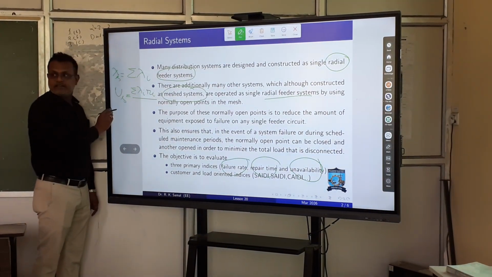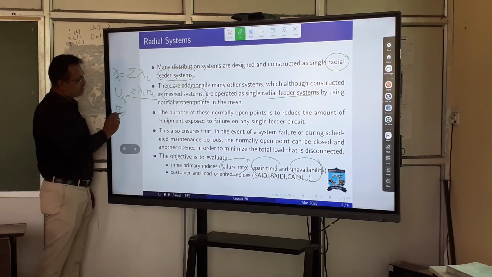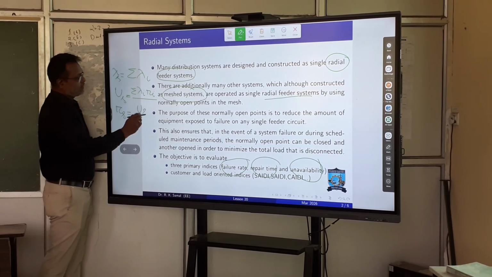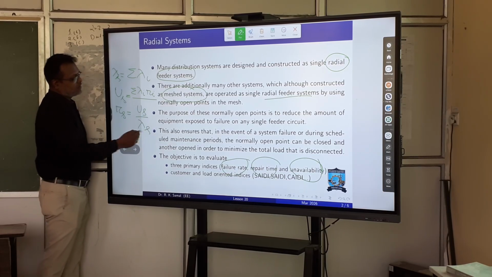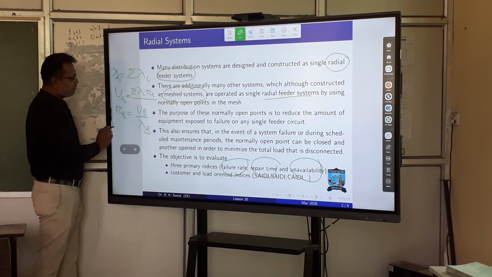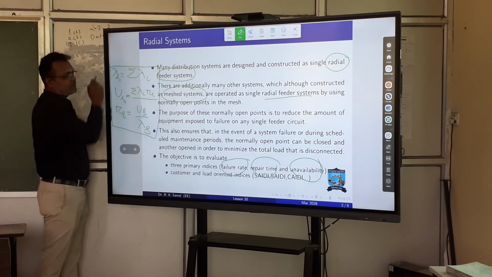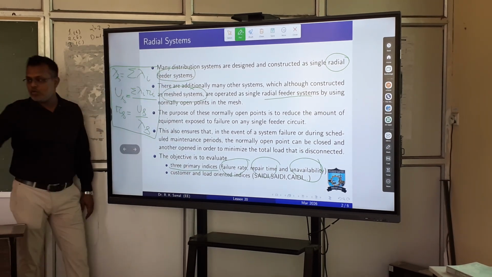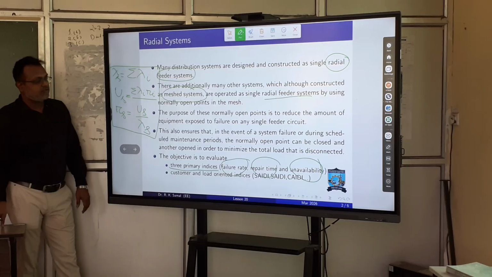And then third, R_s is equal to U_s divided by lambda_s. Always remember these three because these are the basic indices. These are the three primary indices.